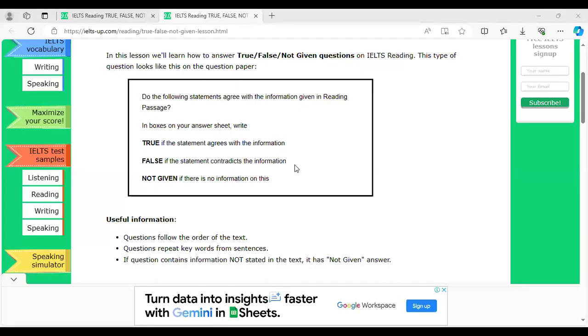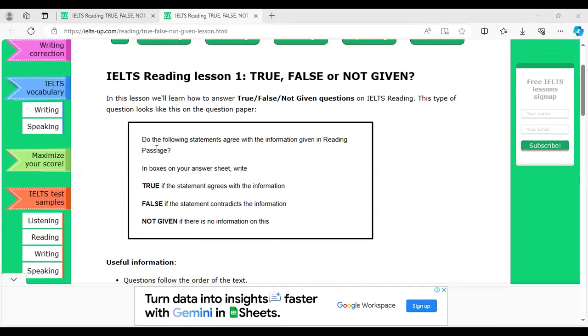So now we will look at a small demo. As I have mentioned, do the following statements agree with the information given in the reading passages?